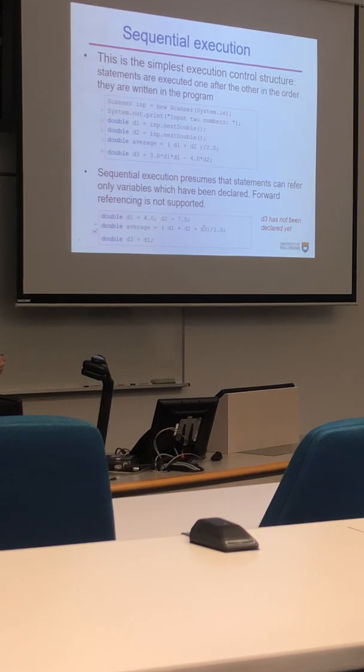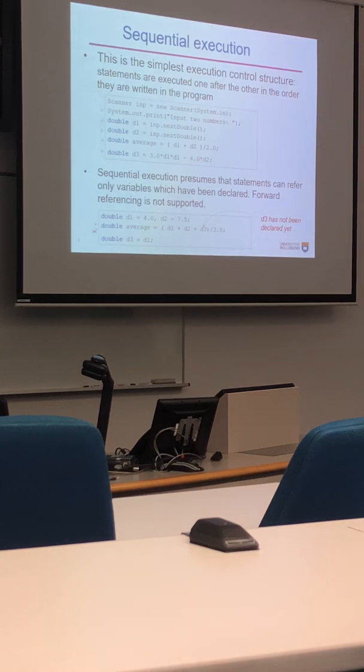After that, I do the next statement, System.out.print, input the two numbers. After that, I say d1 equal to input.nextDouble, and d2 equal to input.nextDouble. After that, double average equal to (d1 + d2) / 2.0. After that, double d3 equal to 3.0 times d1 times d1 minus 4.0 times d2.